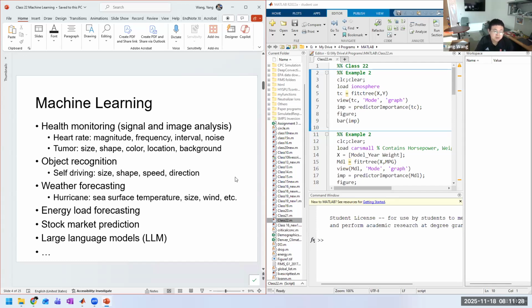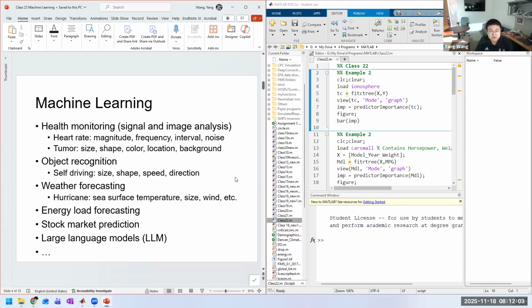Especially about tumor identification, based on the size, the shape, the color, the location of these blobs in the image and also the background information on the image, previously people have relied on physicians, clinicians or doctors to analyze these images and tell whether the patient has a tumor or not. What's the likelihood of having the tumor? And then people do a biopsy, right, further to confirm whether there's a tumor or not.